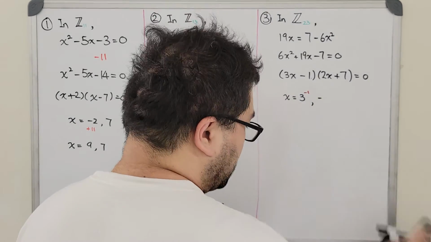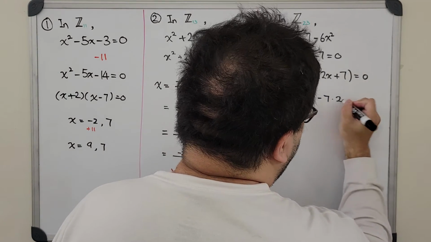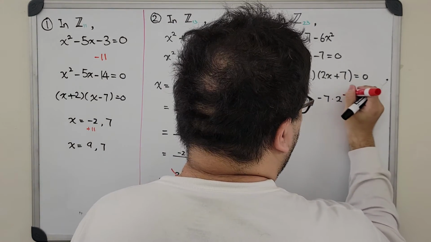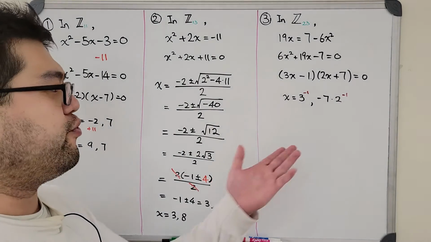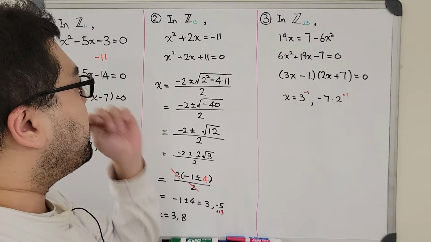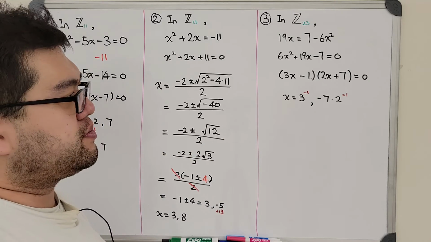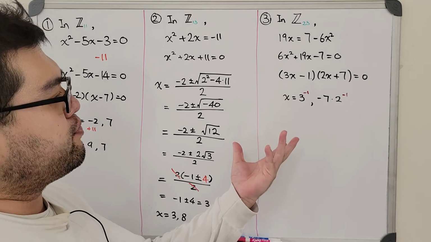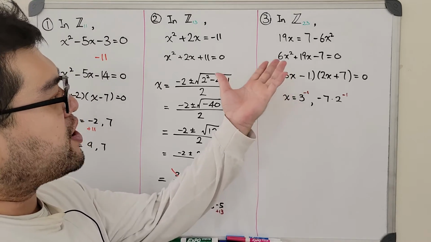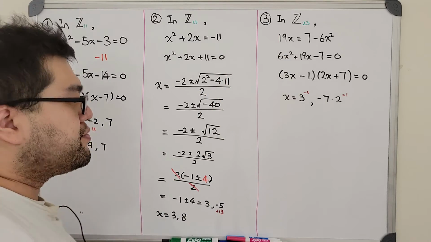And then the other one will be -7 times 2 to the negative first power. And again, that is a more formal way of writing it if we are dealing with finite field like this instead of just real numbers, because fractions doesn't really make sense in this case because there is no fraction in our elements or in our expression.